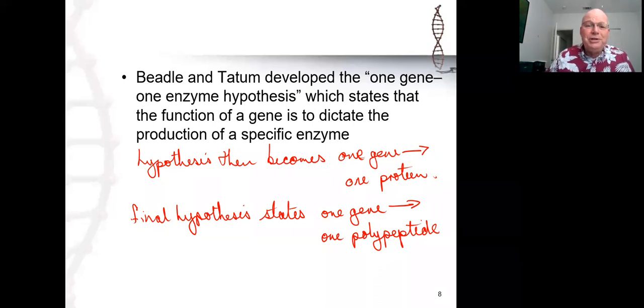But as you'll come to see as we work our way through this chapter, we can make a really good case for rewriting this hypothesis all over again. And there are people thinking through how we might have to rewrite this hypothesis.